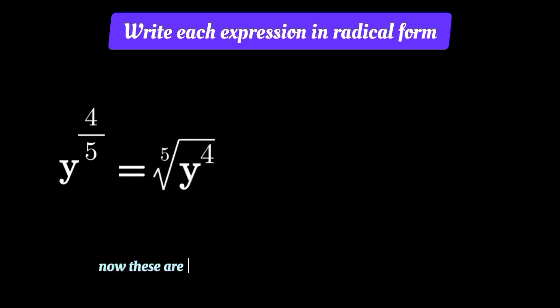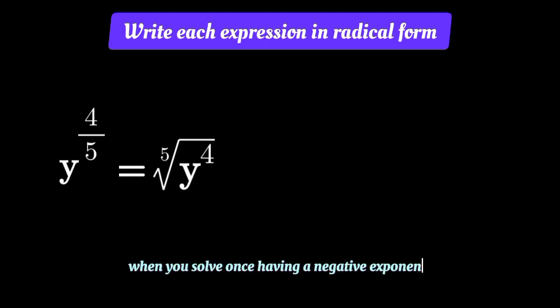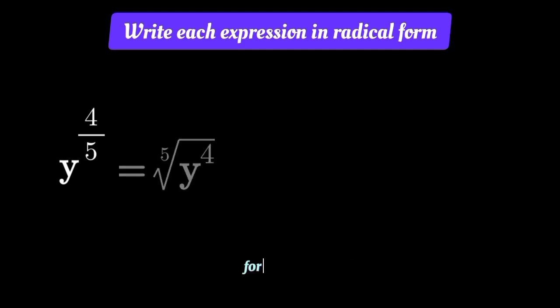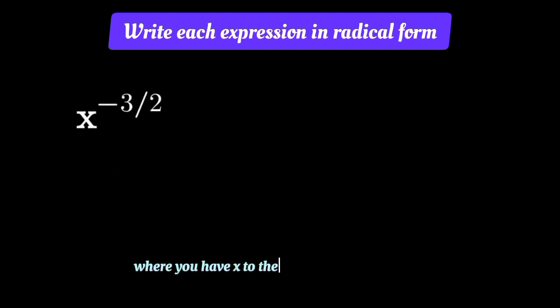Now, these are simple ways of converting exponential forms to radical forms, but it can be more complicated when you have a negative exponent. For example, when you have x raised to the power negative 3 over 2. In order to solve this, we have to make x to the power 3 over 2 a denominator.